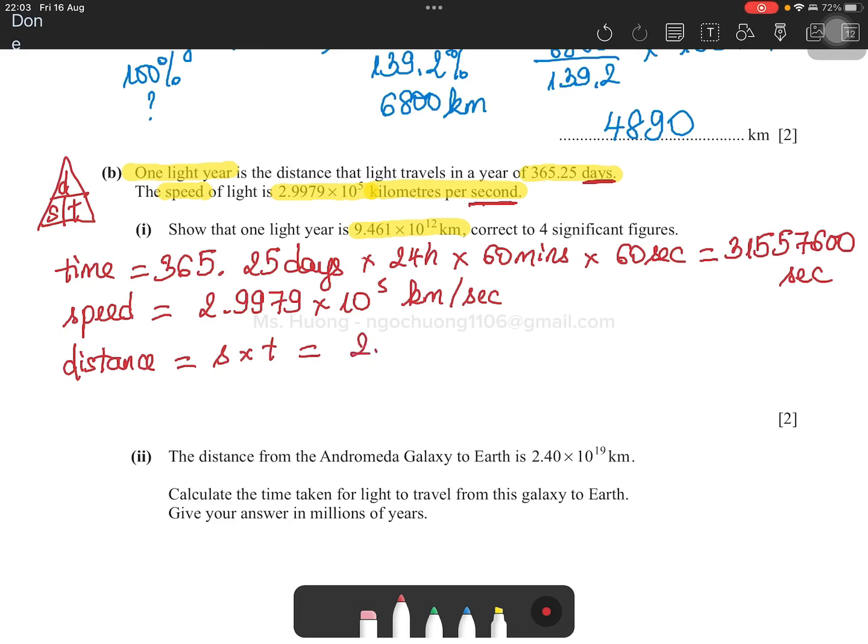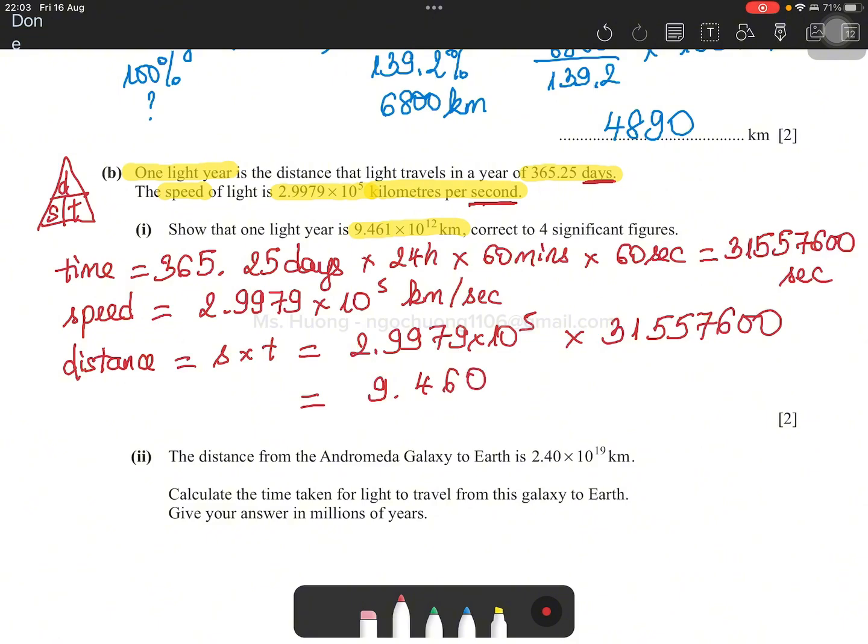So we multiply 2.9979 times 10 to the power of 5 by 3,155,600 together. So this one is equal to 9.460652904 times 10 to the power of 12.